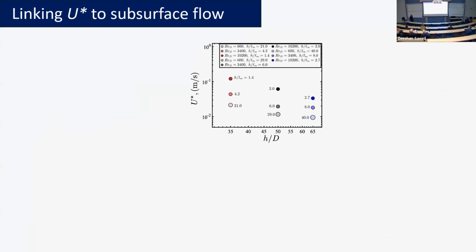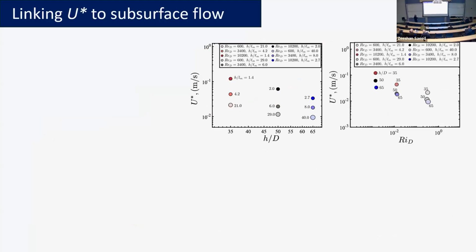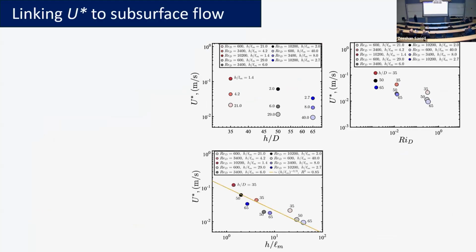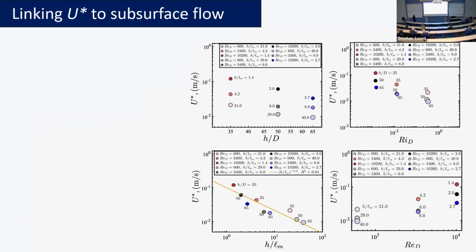For the characteristic velocity scale, I do see some trend, and I'll go over these plots quickly. If I see these trends and combine the two trends in the same parameter, I do observe that the scale is changing. The velocity scale is both a function of how far the surface is from the source and also how strong the source is in terms of its buoyancy and momentum fluxes.